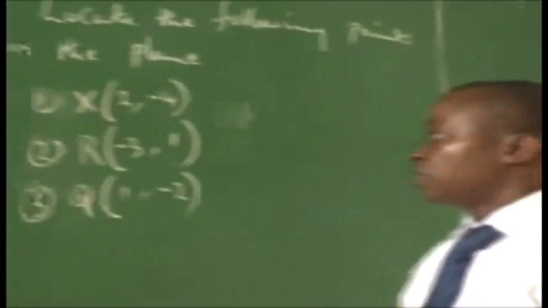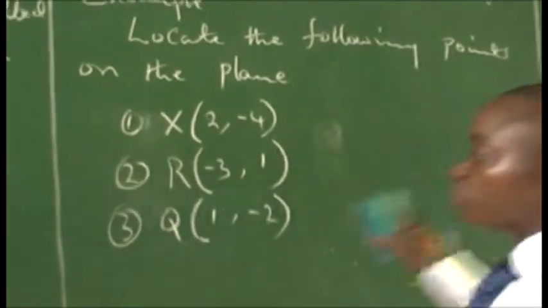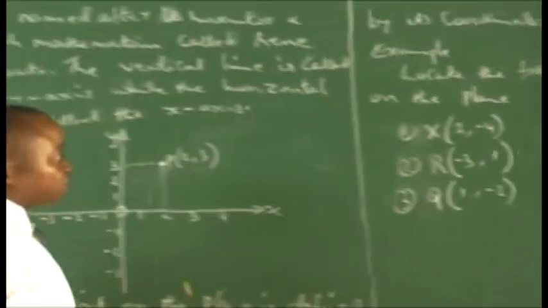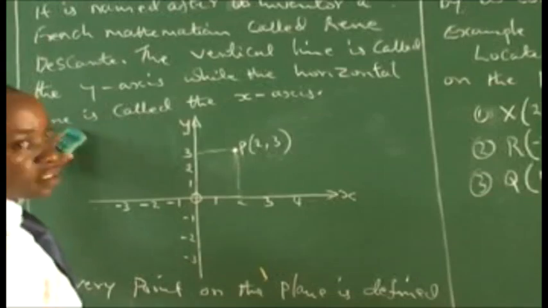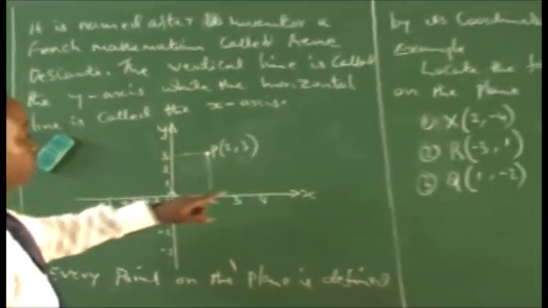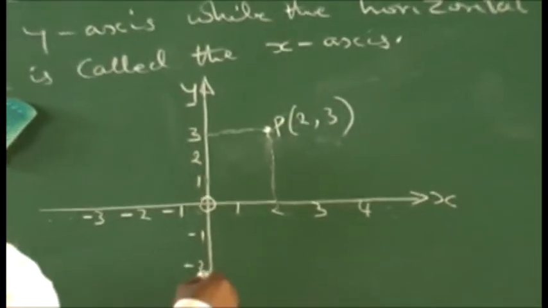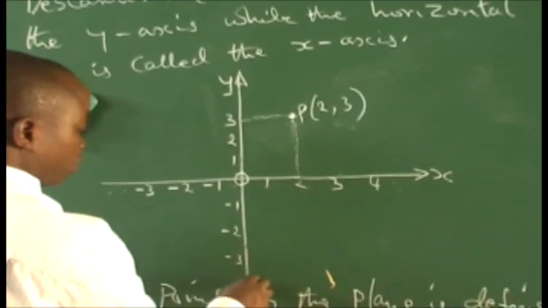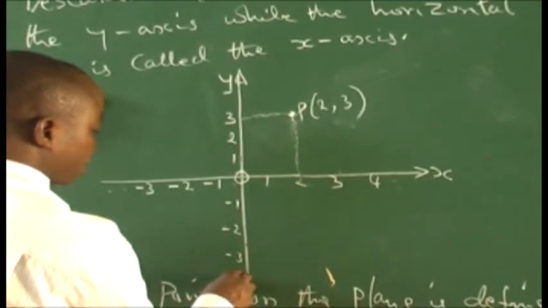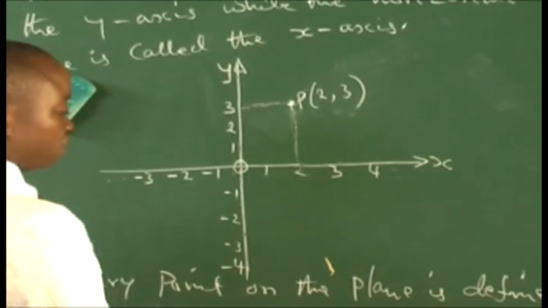Now, let's go back to the plane again and see how we can locate point X, which has coordinates 2 and minus 4. It means 2 and minus 4. And now look at it. I will put minus 4 this way.